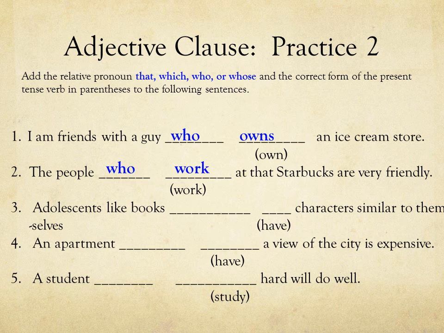Who work? In this case, the verb does not have S because people is plural. Number 3, adolescents like books that or which have characters similar to themselves.